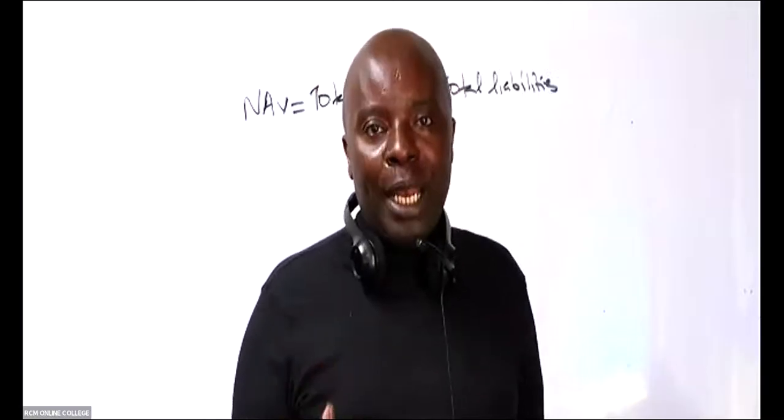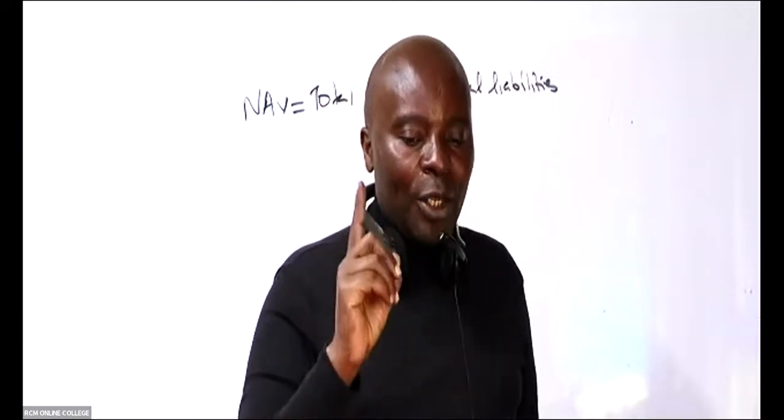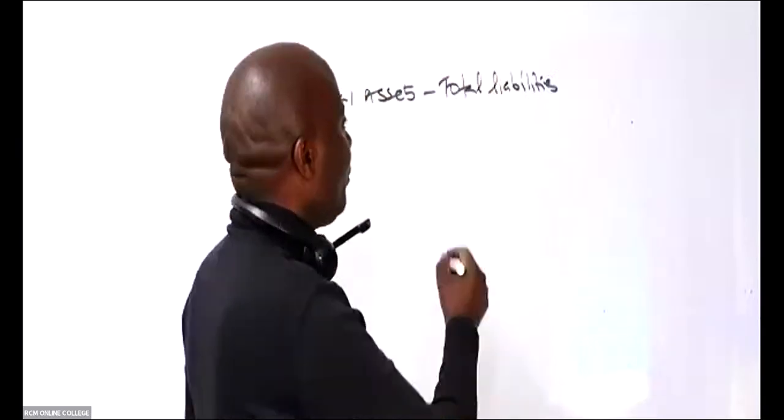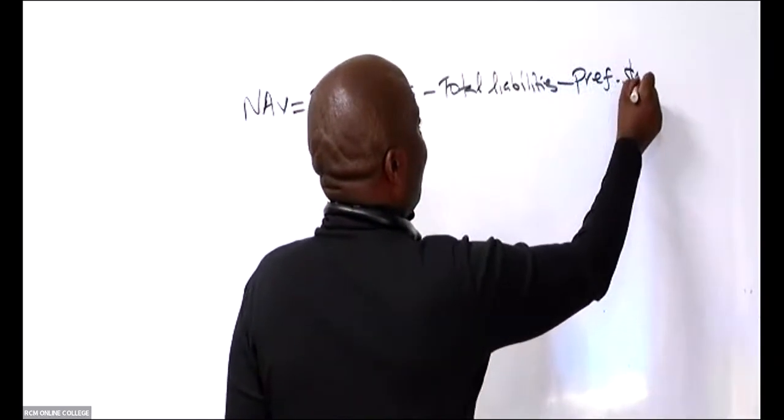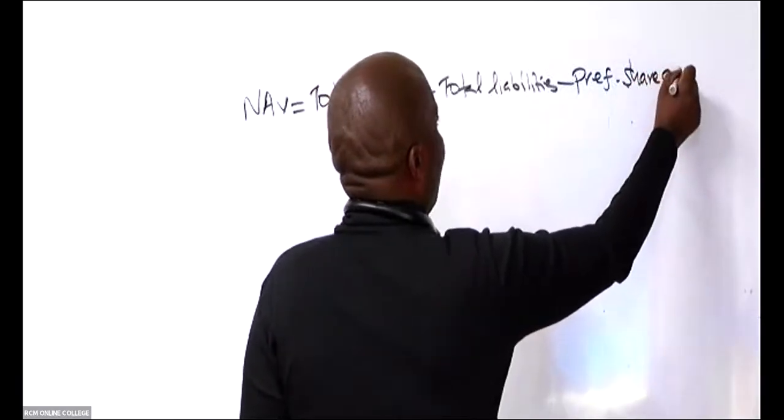What is the firm's equity? So if the firm's equity investment is 10 million, then that will be the firm value. Now remember, in case there are preference shares, you shall always deduct them. Preference share capital, deduct them.